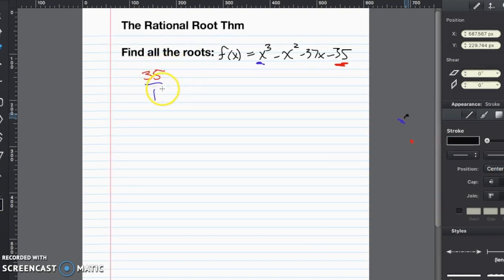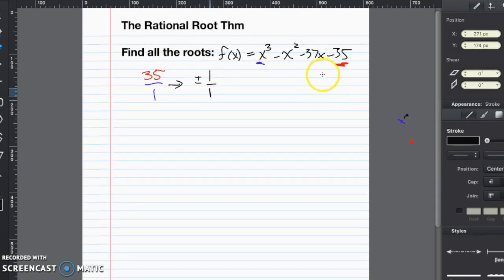So in this case, I have 35 over 1, but then I have to think about all the possible rational roots I can have out of 35. I can think of the easy case: I have plus or minus, and it's real important that you put the plus or minus, it could be either of those. 1 over 1, or 1, that's equal to 1.